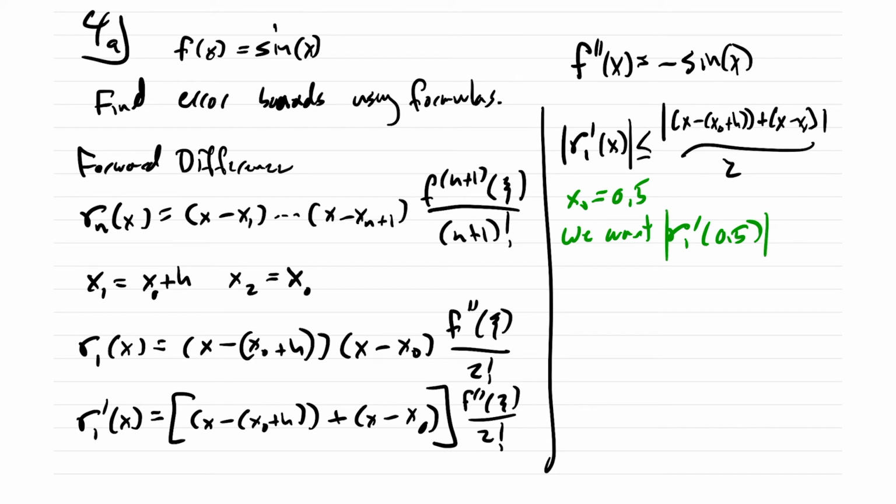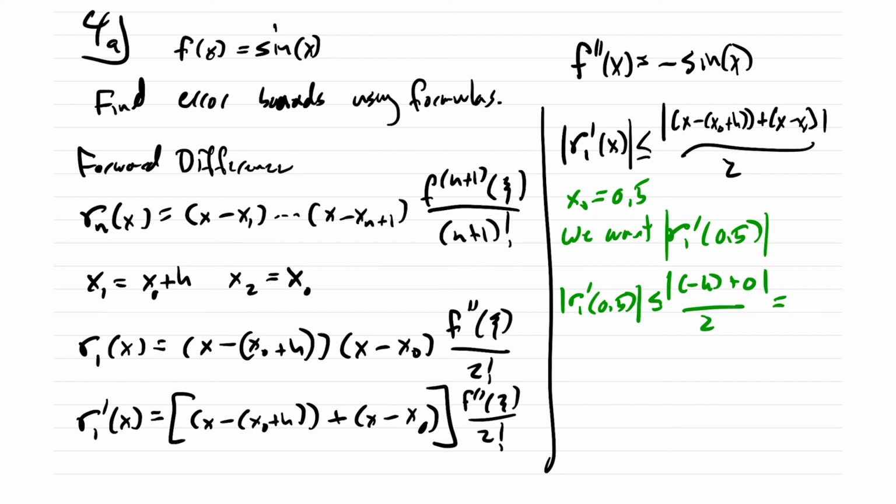So R1 prime at 0.5 is less than or equal to, on the top, x is 0.5 and x naught is also 0.5, so all that leaves is minus h, and then the next part ends up being 0, divided by 2.